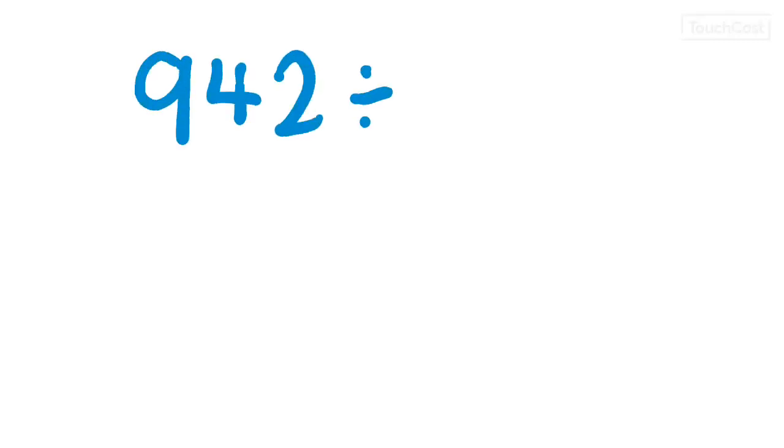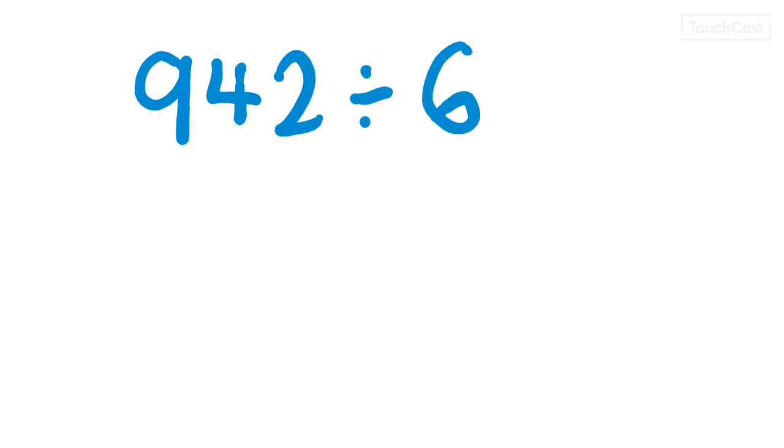So the first thing we need to do is to set this out. Say we have our calculation. Remember, it's not a sum because it's not a total, it's a calculation. Say our calculation is 942 divided by 6. Now we might not be able to fully do this, so that is fine.